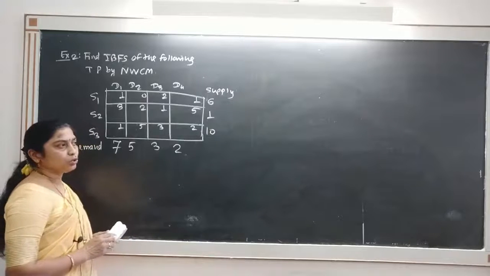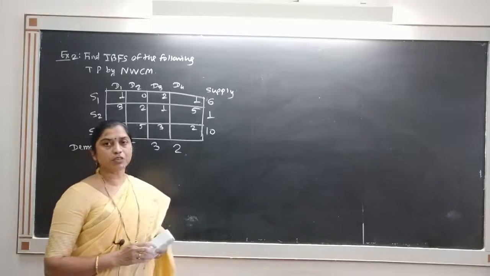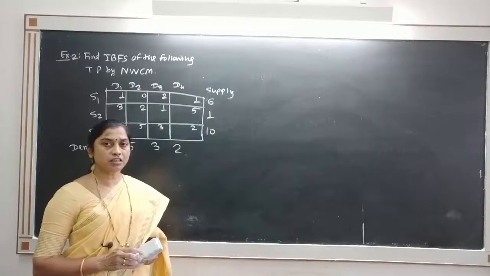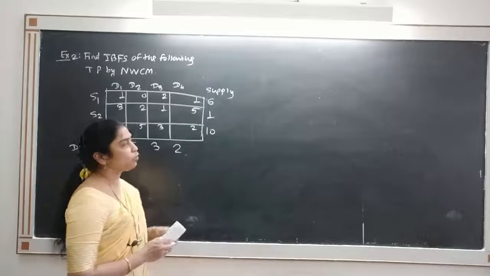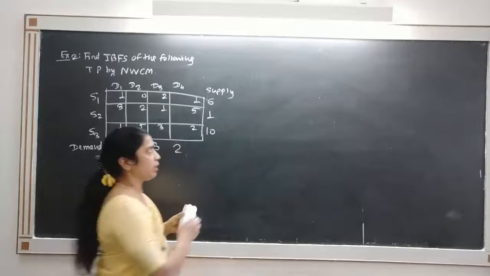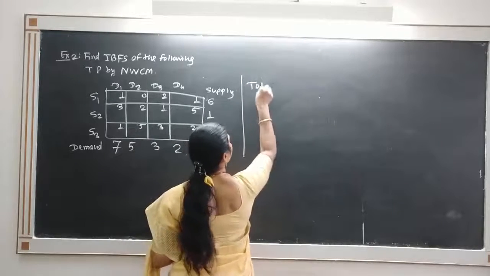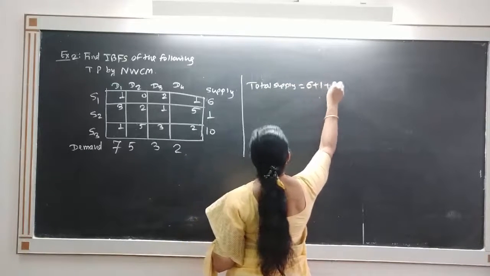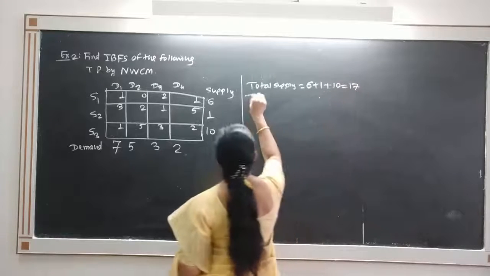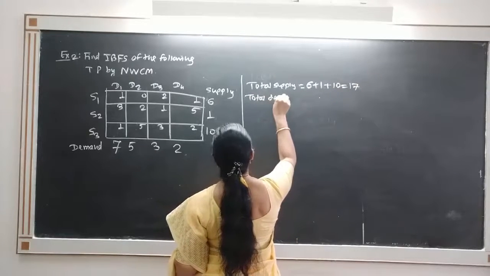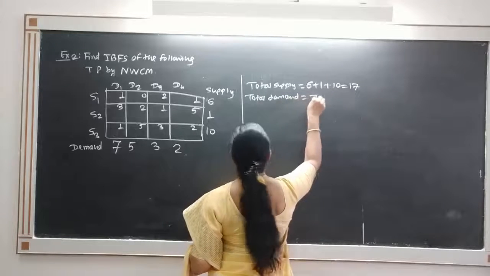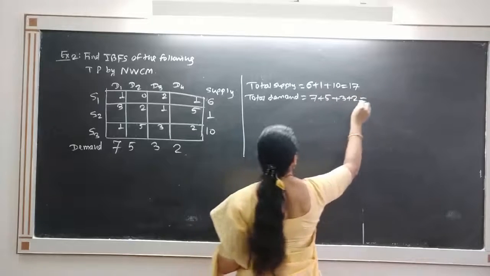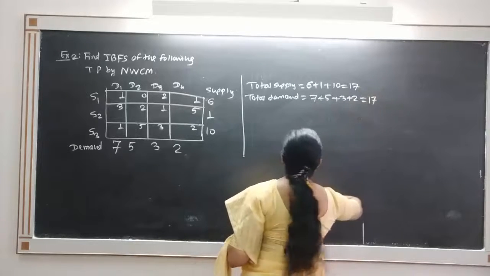To find the solution, that is initial basic feasible solution, the first condition is that problem should be balanced transportation problem. So check if total supply is equal to total demand. If you see total supply, it comes to be 6 plus 1 plus 10, that is 17, and if you observe total demand, this is equal to 7 plus 5 plus 3 plus 2, that is again 17.